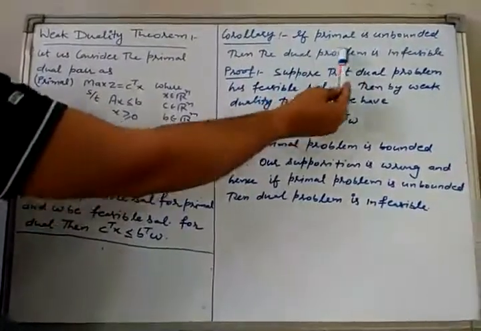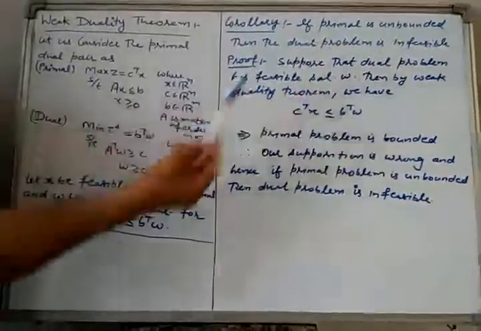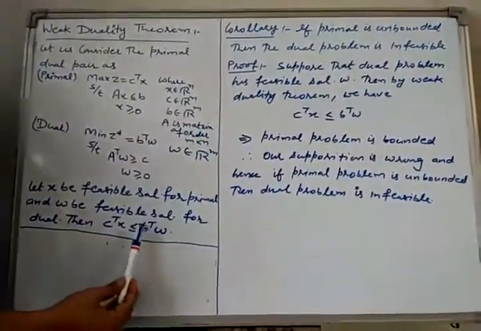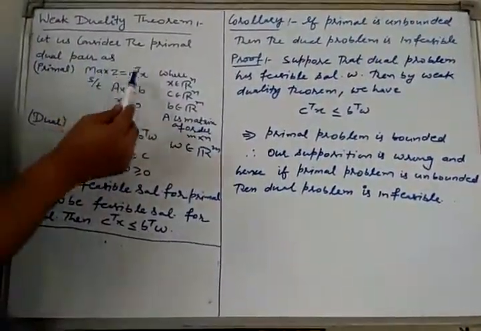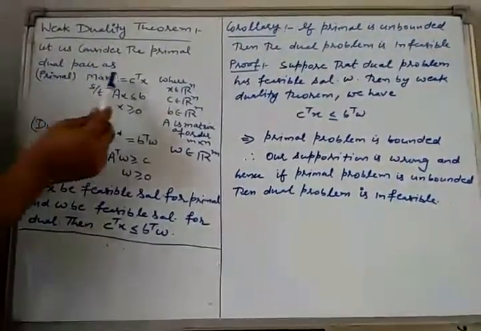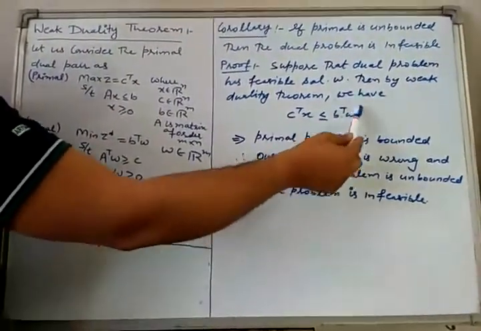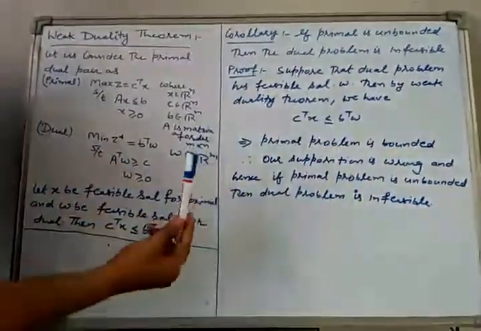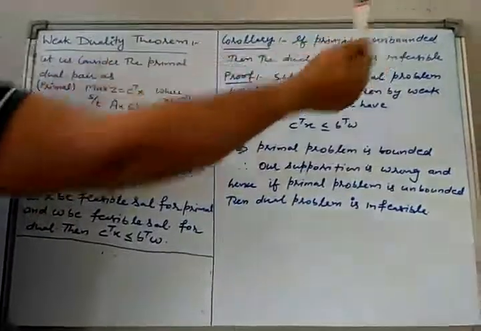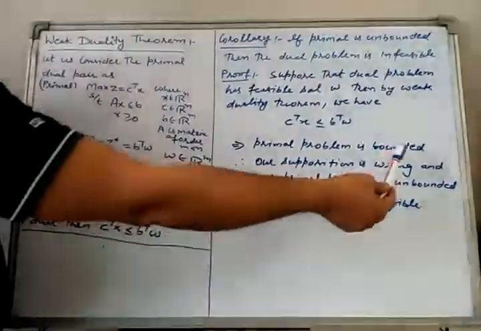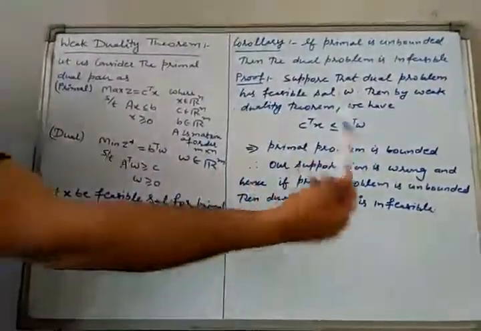Let us suppose that the dual problem has a feasible solution, say W. Then by the weak duality theorem we get C transpose X is less than equal to B transpose W. This means the maximum value of the objective function in case of primal is always bounded above, as it gets upper bound B transpose W. This means the primal problem is bounded, but we are given that the primal problem is unbounded. Therefore, our supposition is wrong, and hence if the primal problem is unbounded, then the dual problem is infeasible.